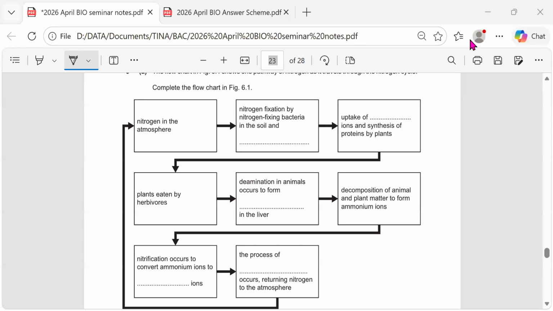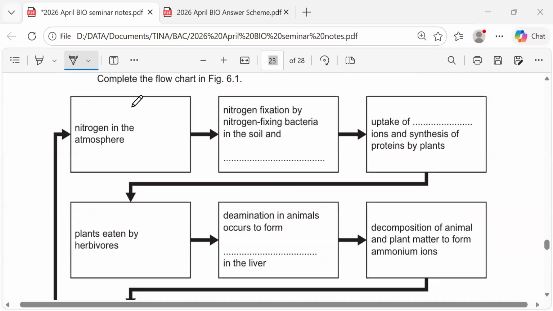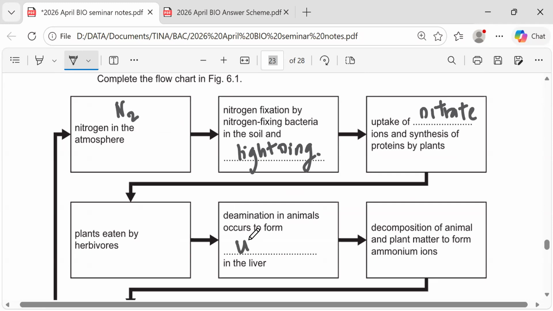Okay, so nitrogen fixing bacteria changes the nitrogen in the air into the soil, and also by lightning. Uptake of nitrate ions. Plants are eaten by herbivores. Deamination in animals occurs in the form of urea.